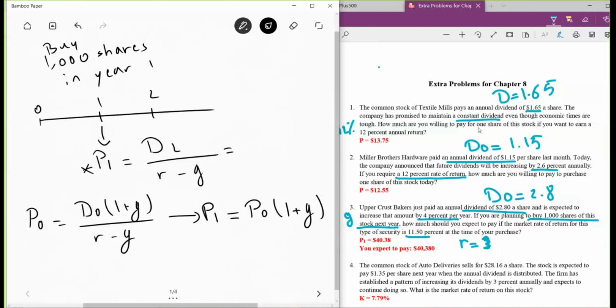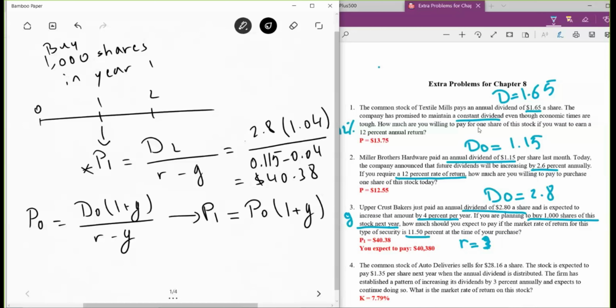So D2 is mainly D0 times 1 plus the growth rate. Excuse me, this is 2.8. 1.15 was from the previous problem. So this is 2.8 times 1.04 divided by 0.115 minus 0.04, and the answer here is 40.38.